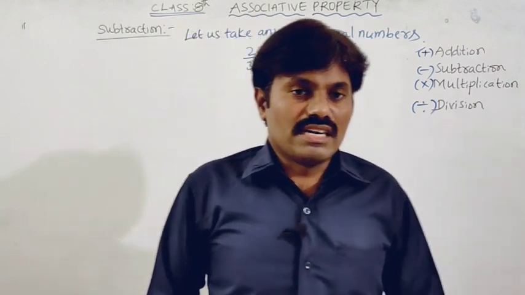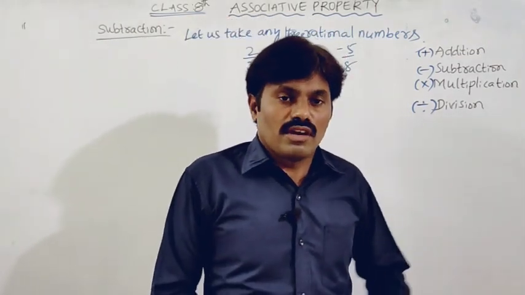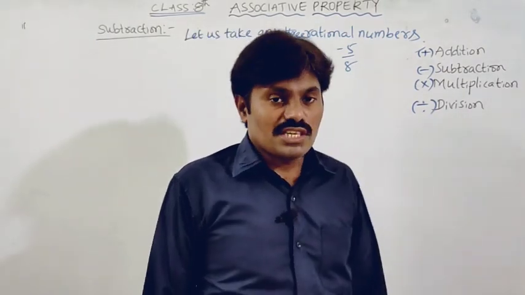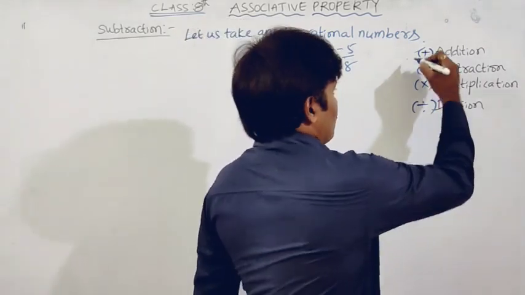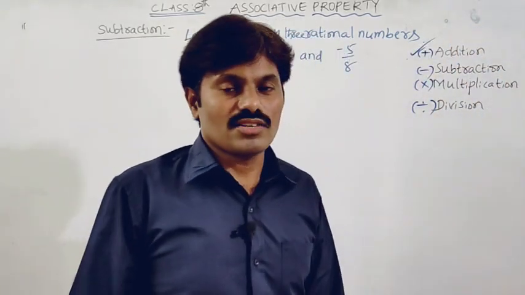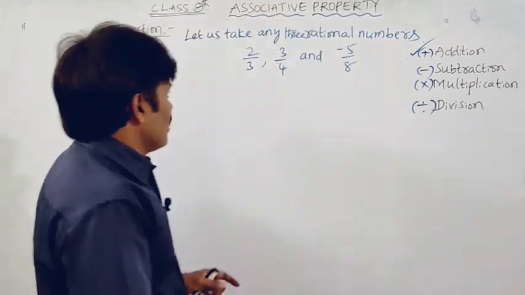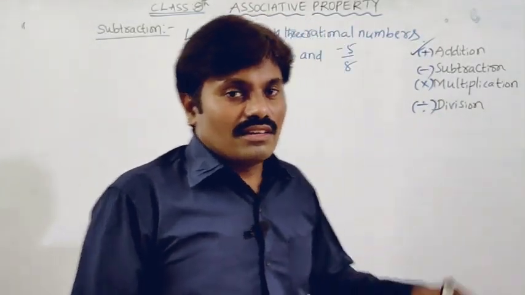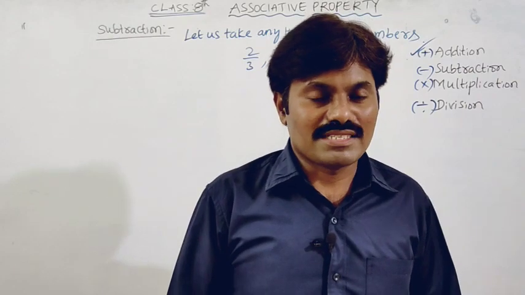Okay, my dear students, we have verified whether addition is associative in the set of rational numbers or not. We concluded that yes, addition is associative in the set of rational numbers. Now our task is to verify whether subtraction is associative in the set of rational numbers or not.